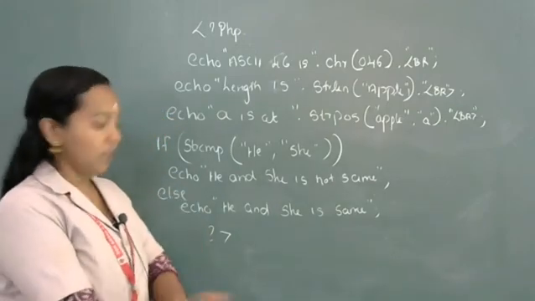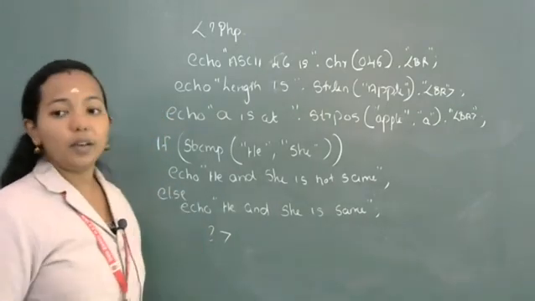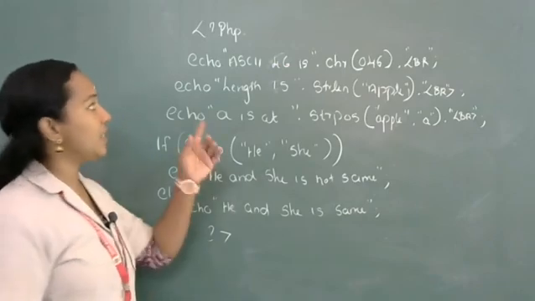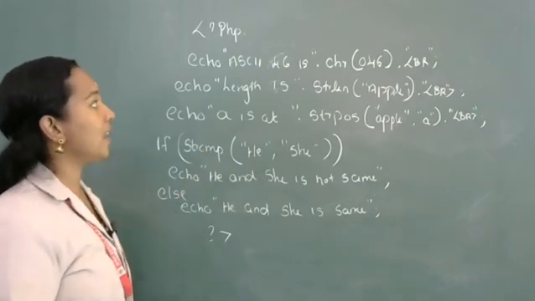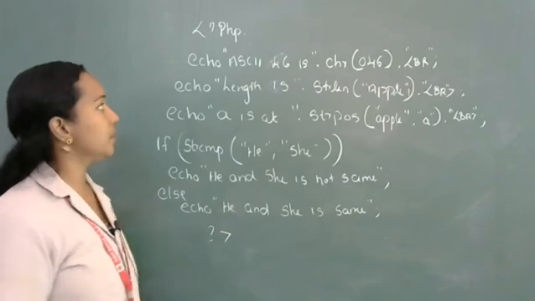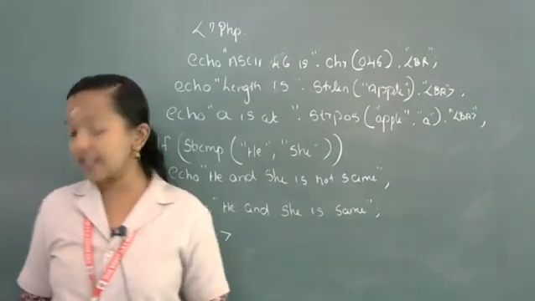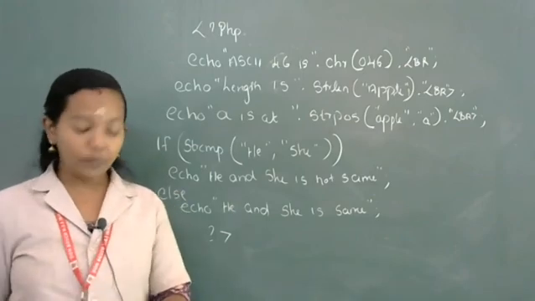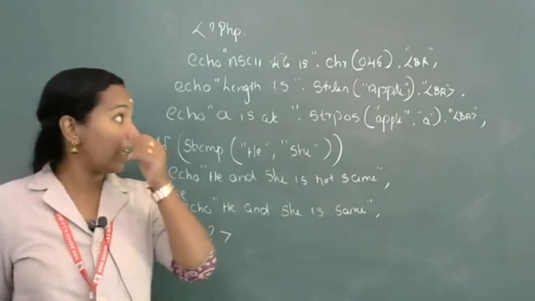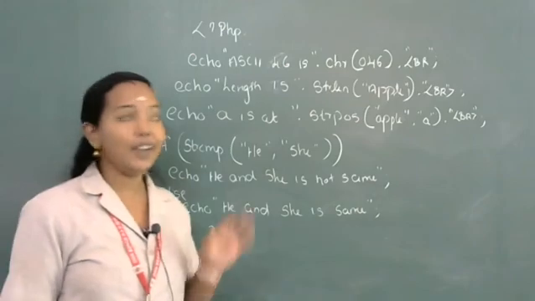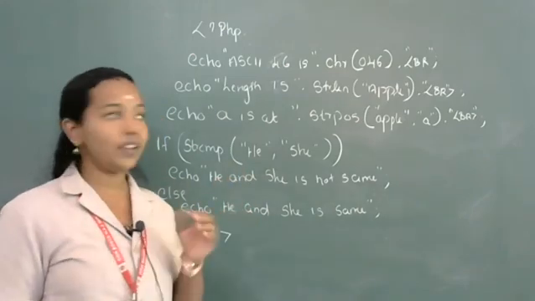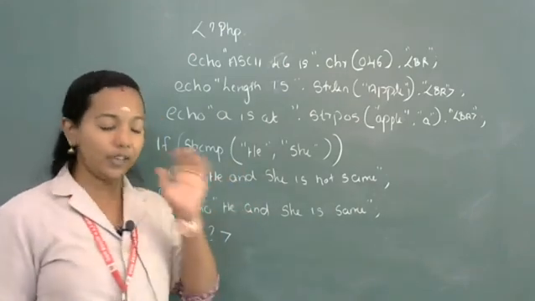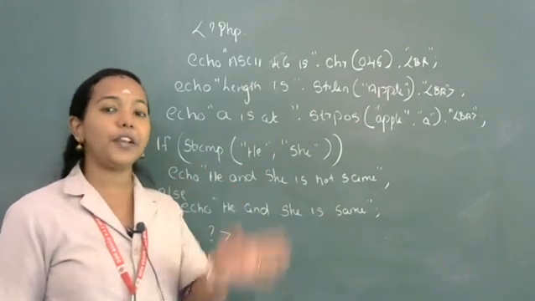Then look at this program. It's a PHP program. First one, echo ASCII 46 is. What does ASCII 46 indicate? Here 46 is the ASCII code, and we are going to find out the equivalent character.